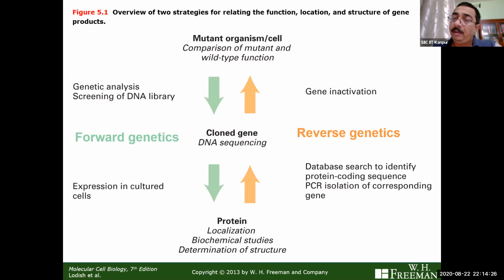In that set, it is possible that multiple bacteria will harbor the same gene, but it is not possible that the same bacterium will harbor 2 different genes. That's an assumption, and almost all the time it is true. So if you have that very large set, you know that one or a few of the bacteria will be making the protein that you are interested in, for which you already have the antibody, right?